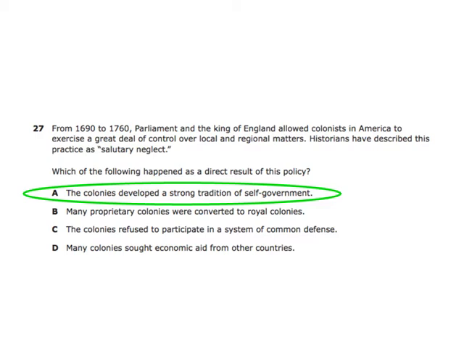It says from 1690 to 1760, Parliament and the King of England allowed the colonists in America to exercise a great deal of control over their local and regional matters. They had control over their own things, their own self-control. Self-government, right? We know that. We just have to not get worried when we see something we don't necessarily know.